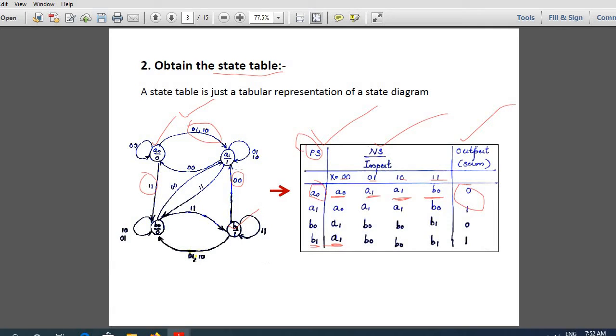All the outward ones should be taken for each state. Now when 0 1 and 1 0 are applied, when the machine is in state B1, it goes to B0. That is what is written here. Now what about 1 1? 1 1 is a self loop. It remains at B1. So similarly, you can fill the other rows in the table and complete it.